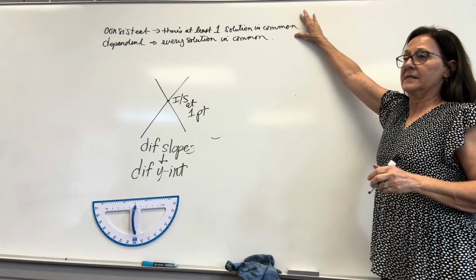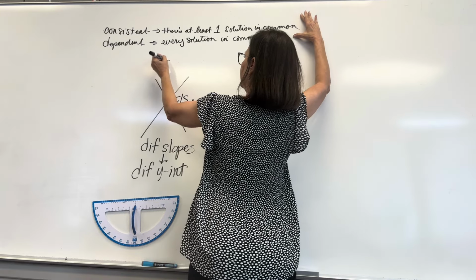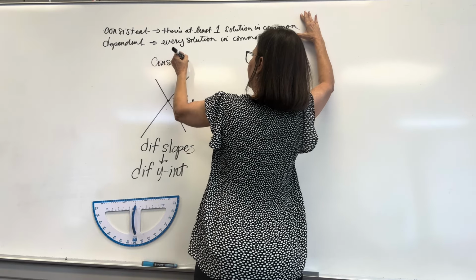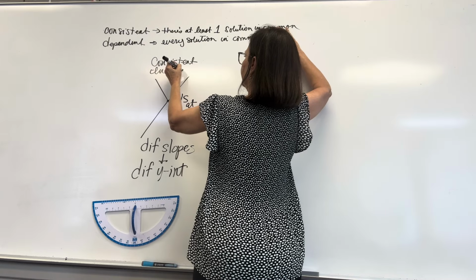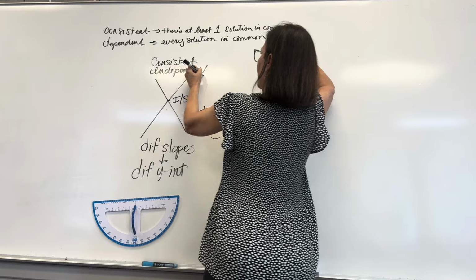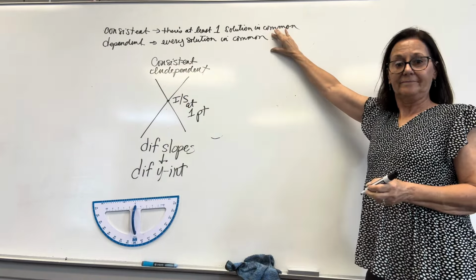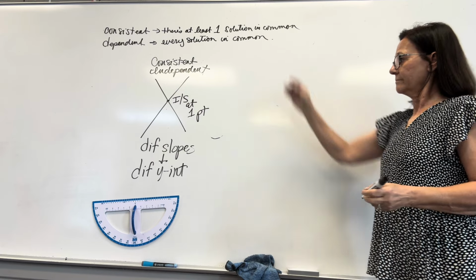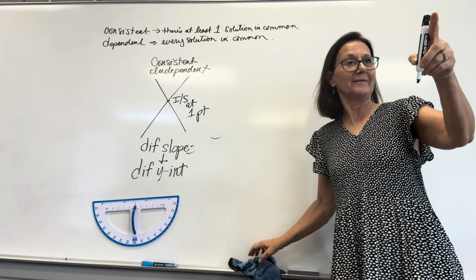Consistent or inconsistent? Consistent. We would call this consistent and independent because it's less than all. Got it? Can they be both consistent and dependent? We're gonna talk about that in a minute.